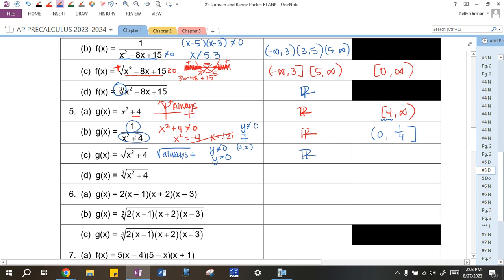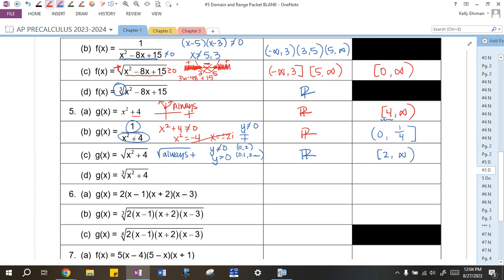If we plug in like 0.1, we get square root of 4 point something, which is like 2 point something. Can we ever get smaller than 2? I don't think so, because you can't ever get a negative out of x squared. So this one goes from 2 up to infinity. If I plug in 100 for x, I'll get a large number, square root of something large.